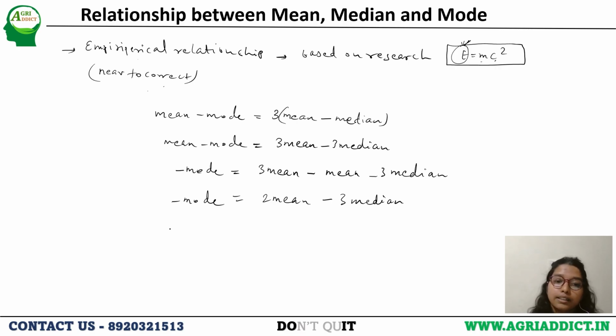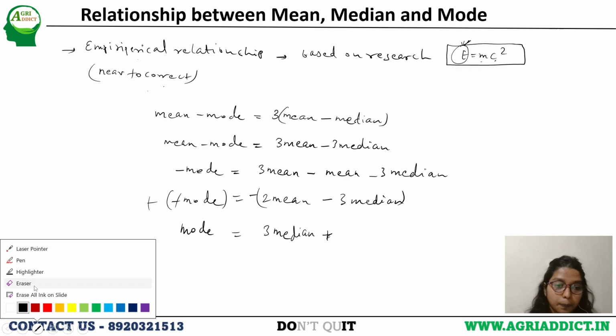Then what we have to do, we'll multiply both sides by minus. Then the minus will get cancelled and here we will get mode. Here we will get 3 median, because minus multiplied with minus will be plus. So 3 median, sorry, it will be minus.